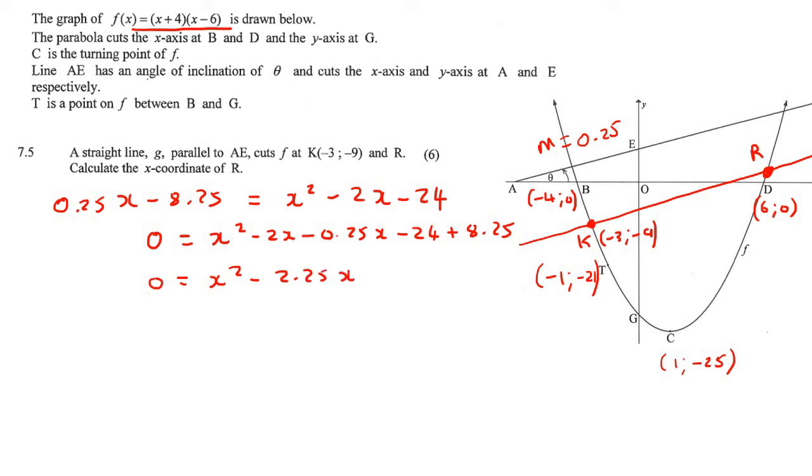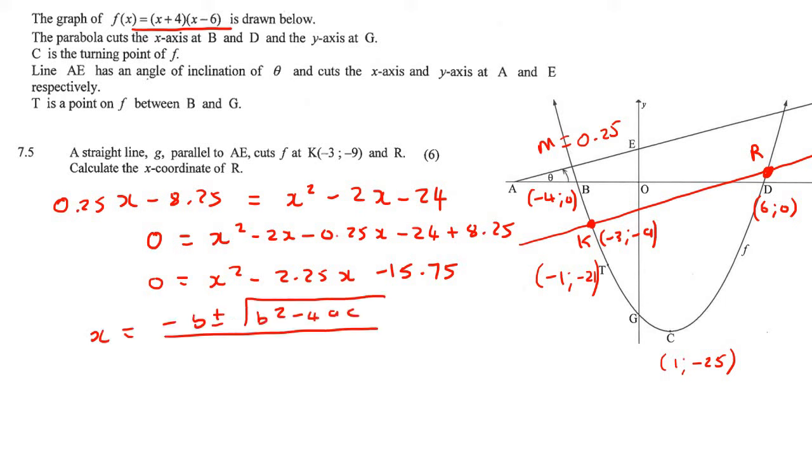Definitely going to use the quadratic formula here, hey guys. So this is minus 15.75. Okay, so now we are going to use the quadratic formula, this one. Now some learners always ask me, should I plug in the values? Do the teachers want to see that? And the answer is yes, show them that.